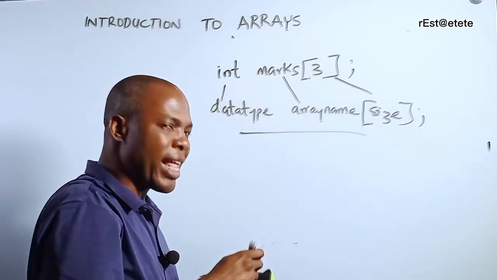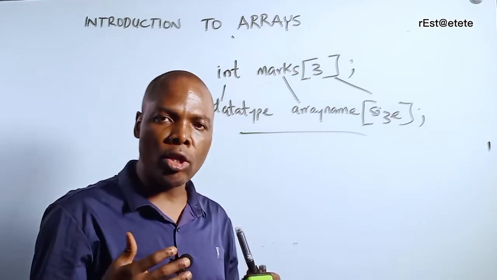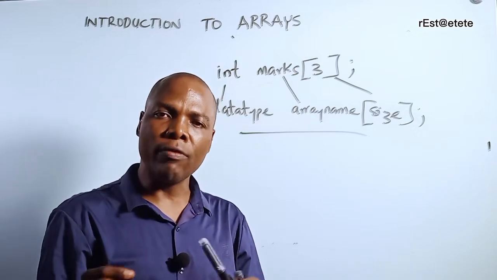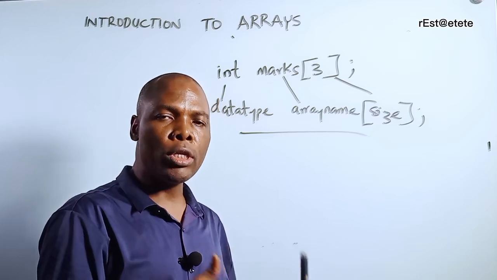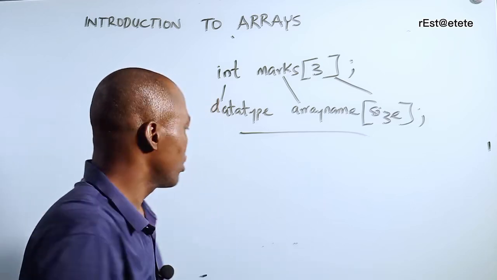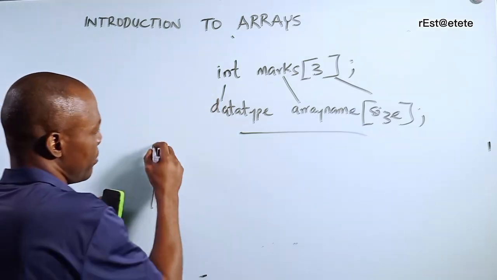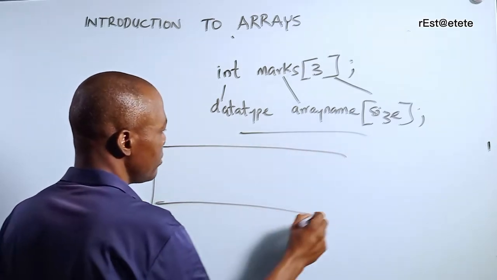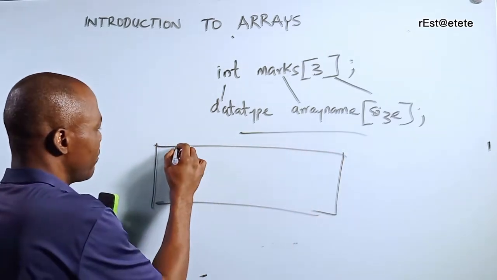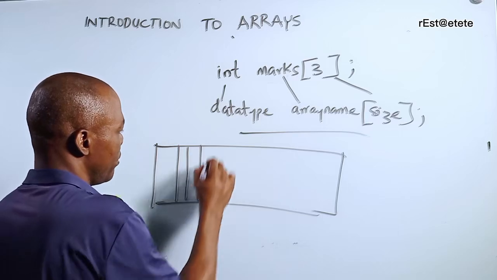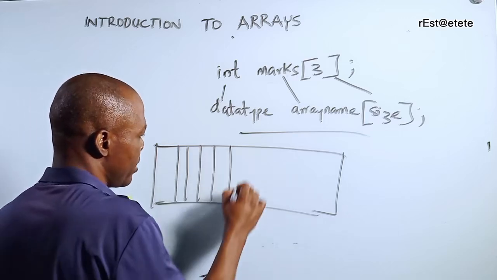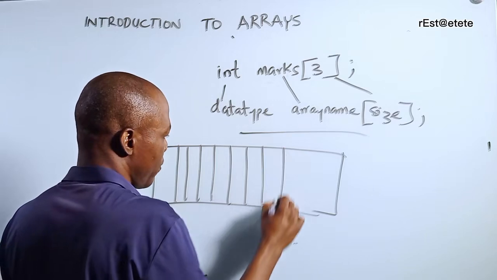So that is what it means, that an array is a collection of elements of the same data type stored in a contiguous memory location. So I have my memory like this now. I'm having 1, 2, 3, 4, then I have 1, 2, 3, 4.